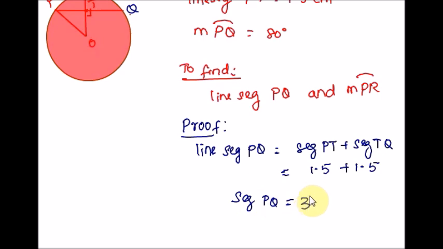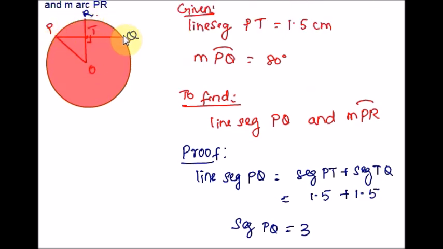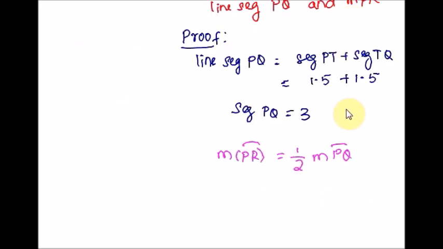Now it remains for us to find the measure of arc PR. Let us use the given information itself. The measure of arc PQ is equal to 80 degrees. So if this is 80, half of this is 40, am I right? Because segment OT is perpendicular to PQ and therefore it bisects PQ at T, it means PQ is equal to 2 times PT.